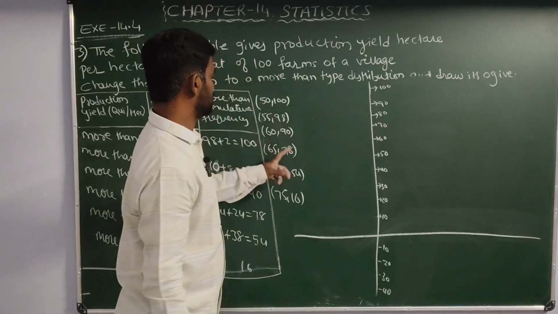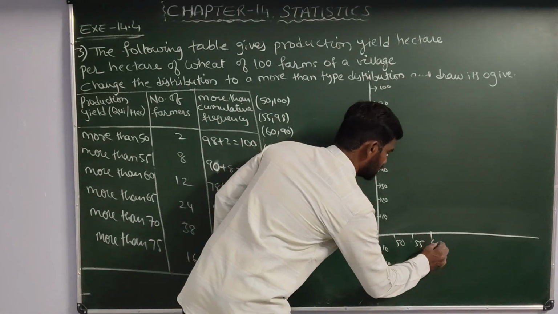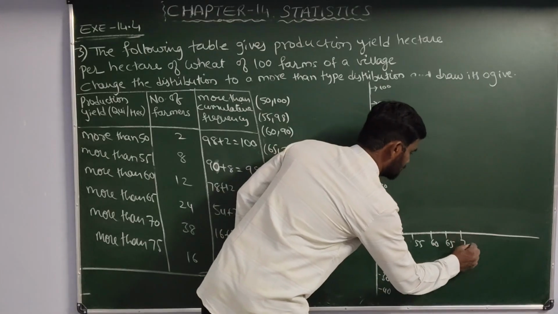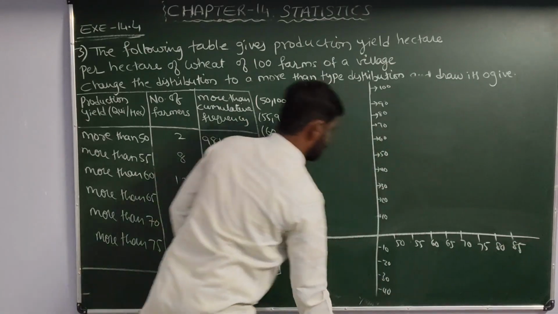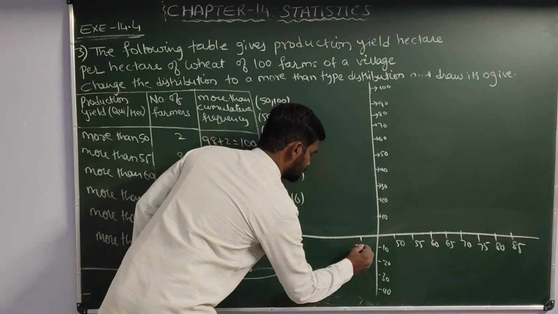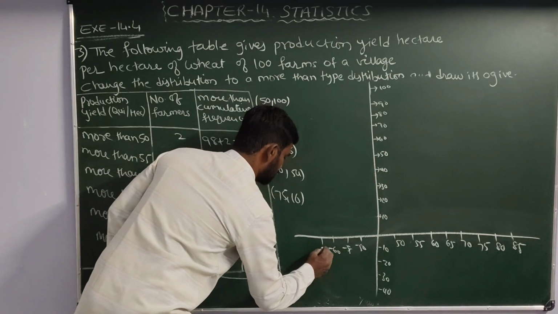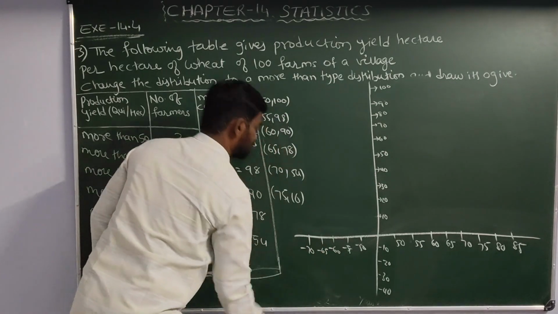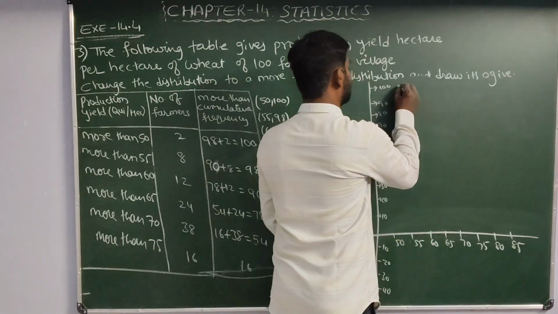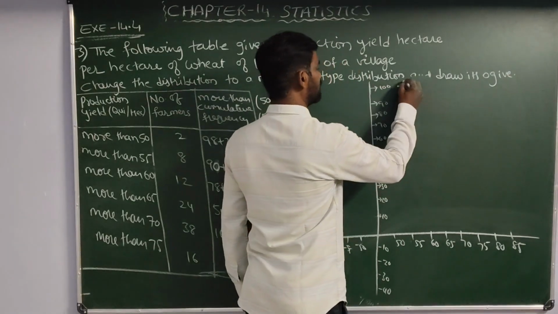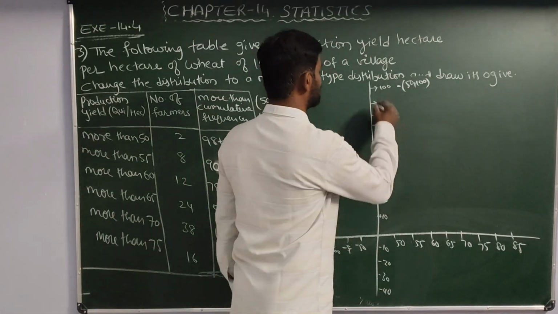On the x-axis, 50, 55, 60, 65, 70, 75, 80, 85. On the x dash axis, minus 50, minus 55, minus 60, minus 65, minus 70. Okay, now let us plot the point 50 and 100. The x coordinate is 50 and the y coordinate is 100. 50 comma 100. Next 55, 98, somewhere here.